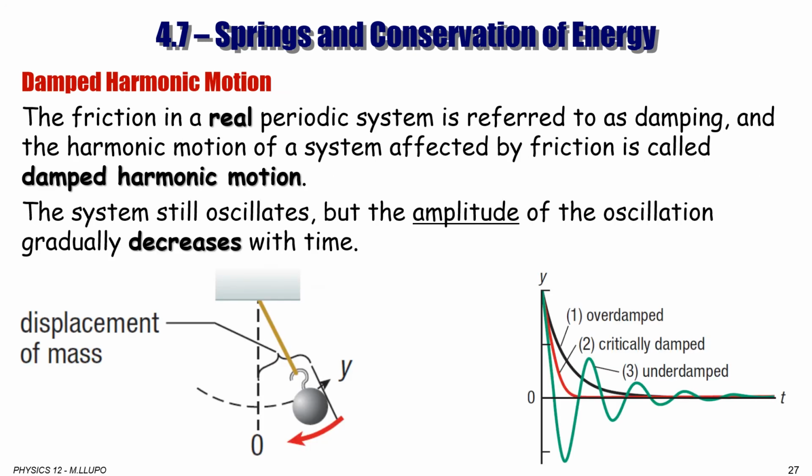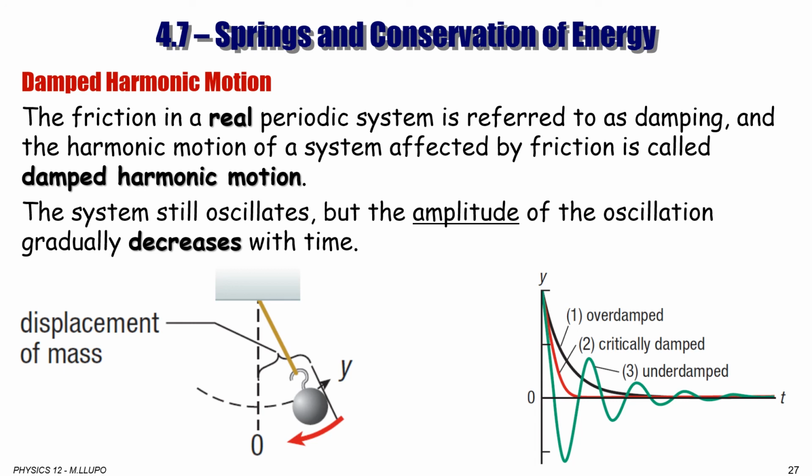If you have a pendulum swinging and there's no friction, no air resistance, no internal friction in the string, you can expect that pendulum will swing forever. It is undergoing simple harmonic motion forever, but friction is real.